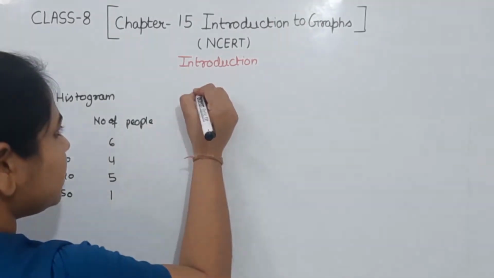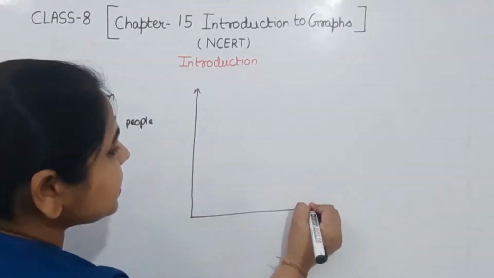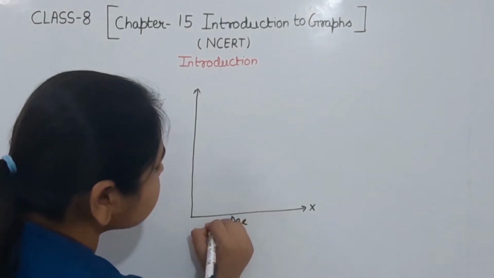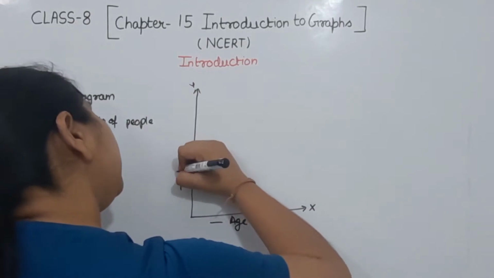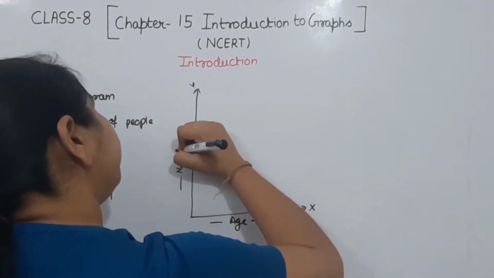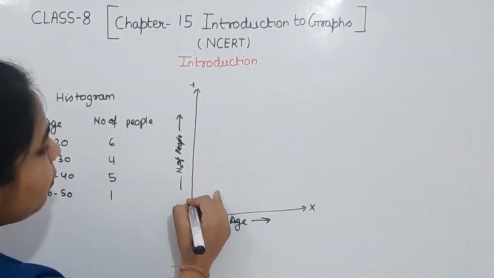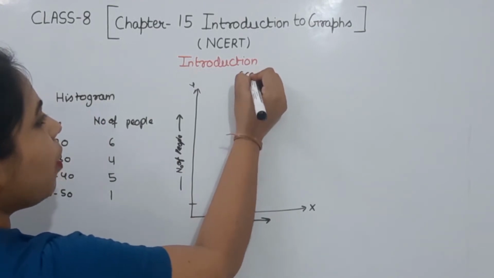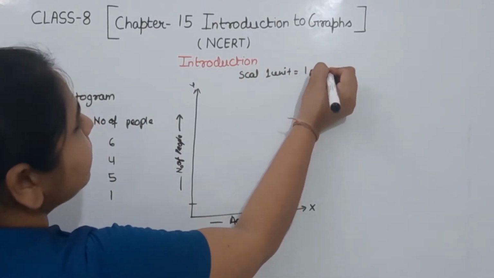I will show this on the graph. On the x-axis we are going to show the age, and on the y-axis we are going to show the number of people. First of all I am going to take the scale: 1 unit is equal to 1 person.